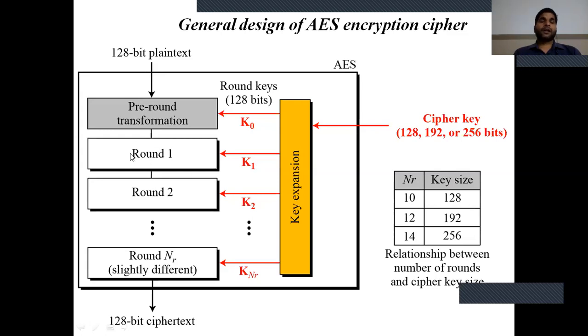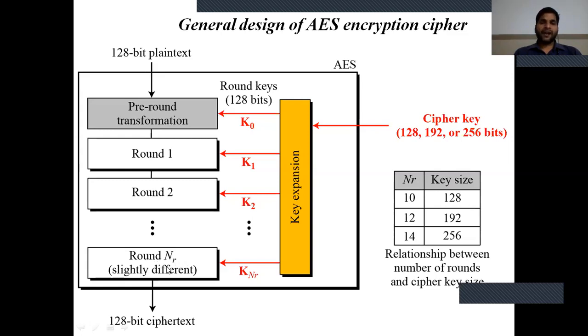The output of round 1 is the input of round 2, encrypted with K2, and so on. This process is performed up to round Nr.